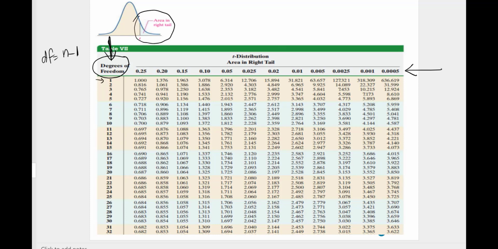For example, if this right tail were 2.5%, we can write this percentage as 0.025. This area on the tail is located in this row, which is exactly here. And the t-value which corresponds to this area is 12.7 when my sample size is 2 and the degrees of freedom is 1.